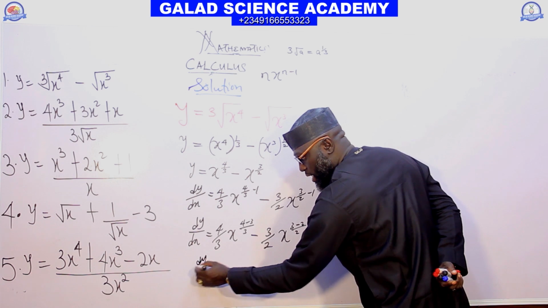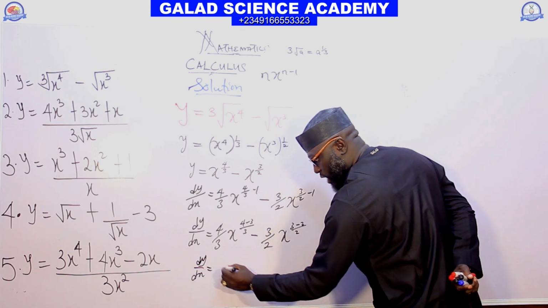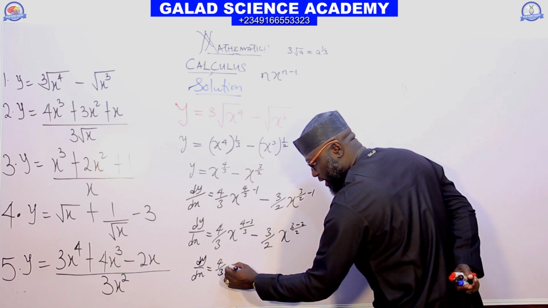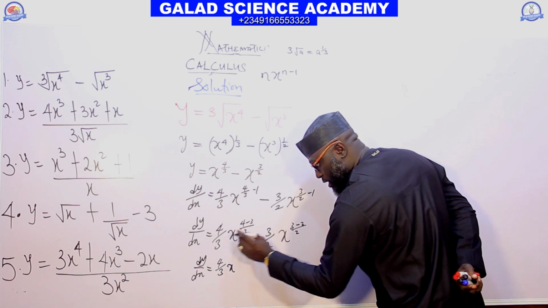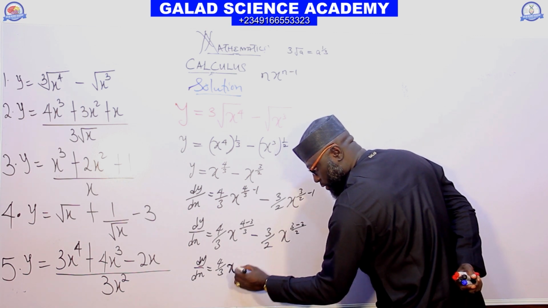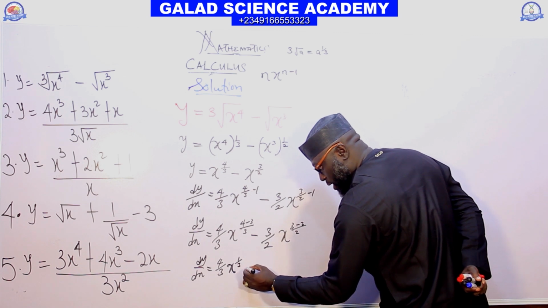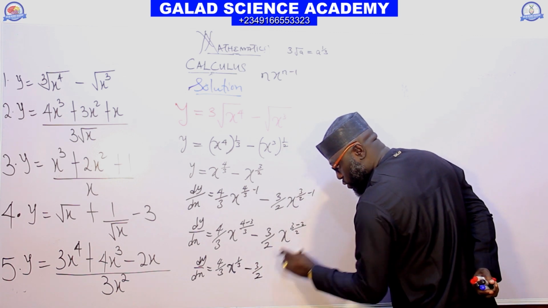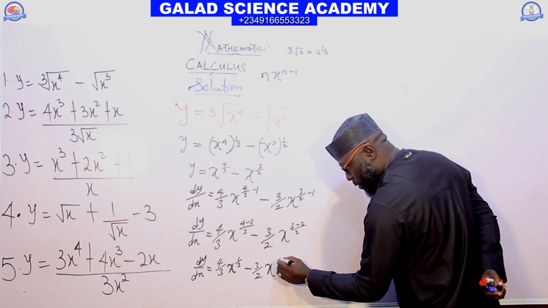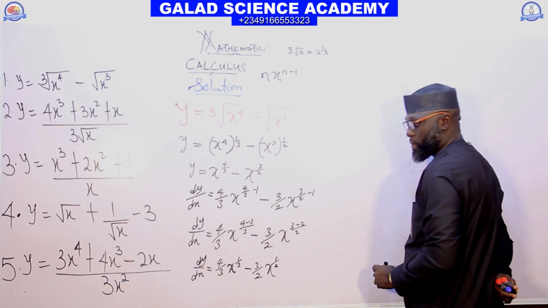So dy dx will now be 4 over 3 x, that will be 1 over 3, minus 3 over 2. Here we have x exponential 1 over 2.